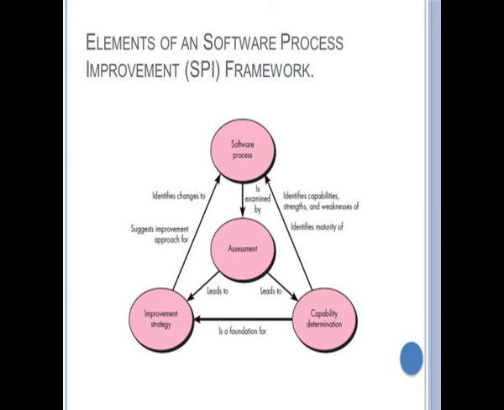A method for assessing whether those characteristics are present. 3. A mechanism for summarizing the results of any assessment. And 4. A strategy for assisting a software organization in implementing those process characteristics that have been found to be weak or missing.